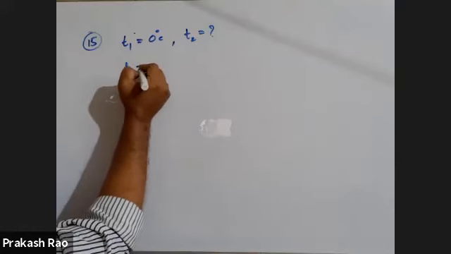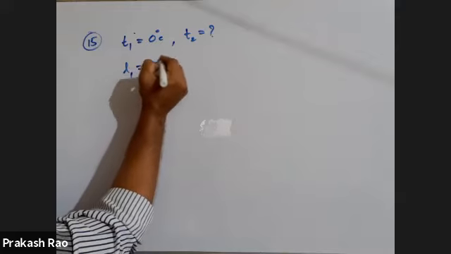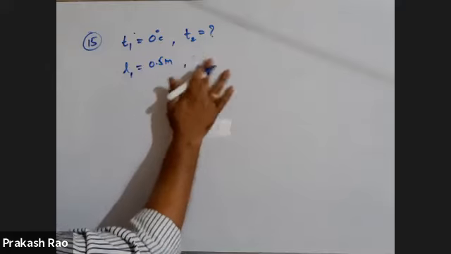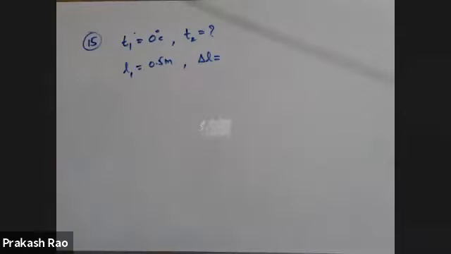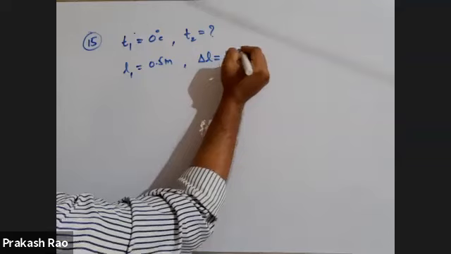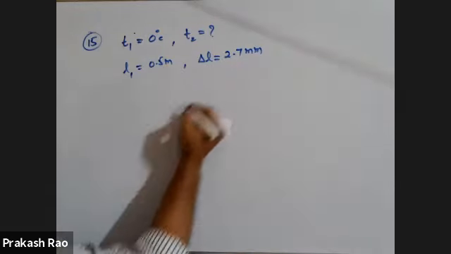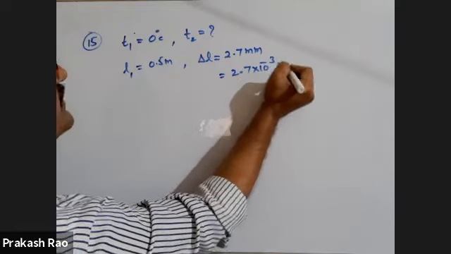L1 is given as 0.5 meter. L2 is not given. Delta L is given, increase in length. The length increases by 2.7 millimeter. This is in meters, this is in millimeter. You can't take like that. 2.7 into 10 power minus 3 meters.